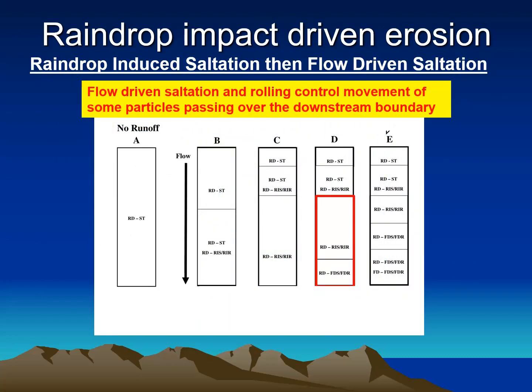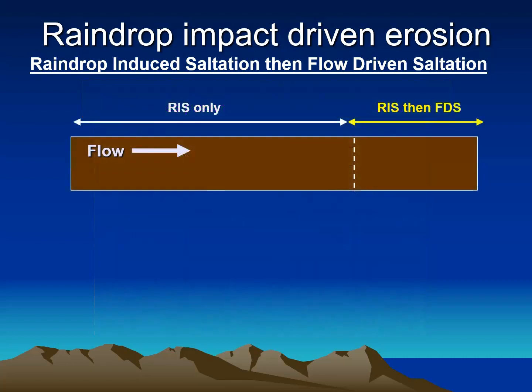There are cases where flow-driven saltation and rolling control the movement of particles passing over the downstream boundary. Here we have a situation where flow-driven saltation controls sediment discharge over the downstream boundary, while upstream there's a zone of raindrop-induced saltation.